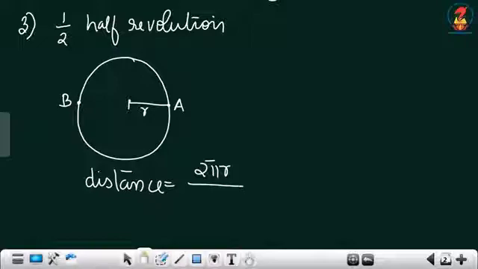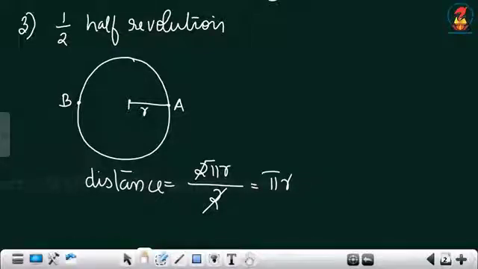So, 2 pi r by 2. 2 and 2 will get cancelled. So, it's pi into r. No need to put a value for pi. Let it be that itself. No need to put 3.14 or 22 by 7. We can just write it as pi. So, we got the distance as pi r.